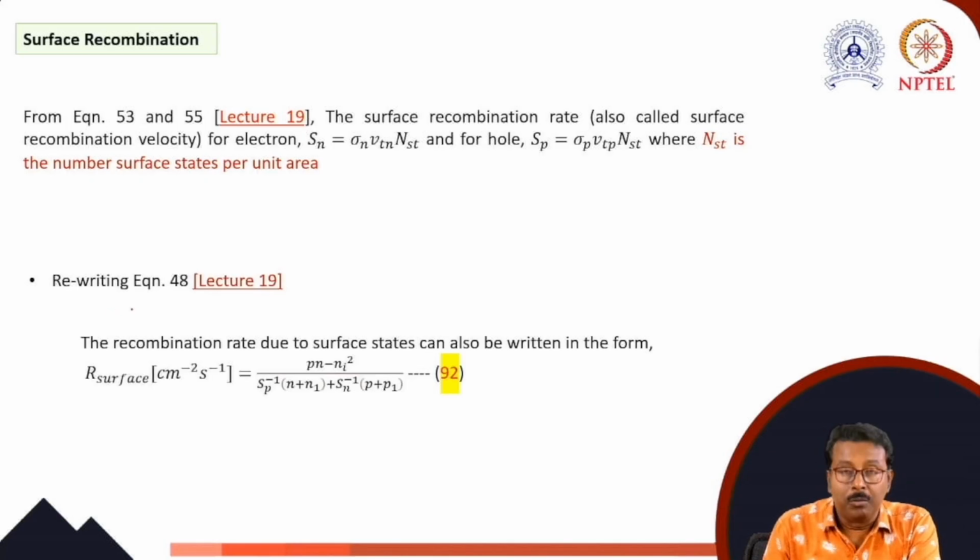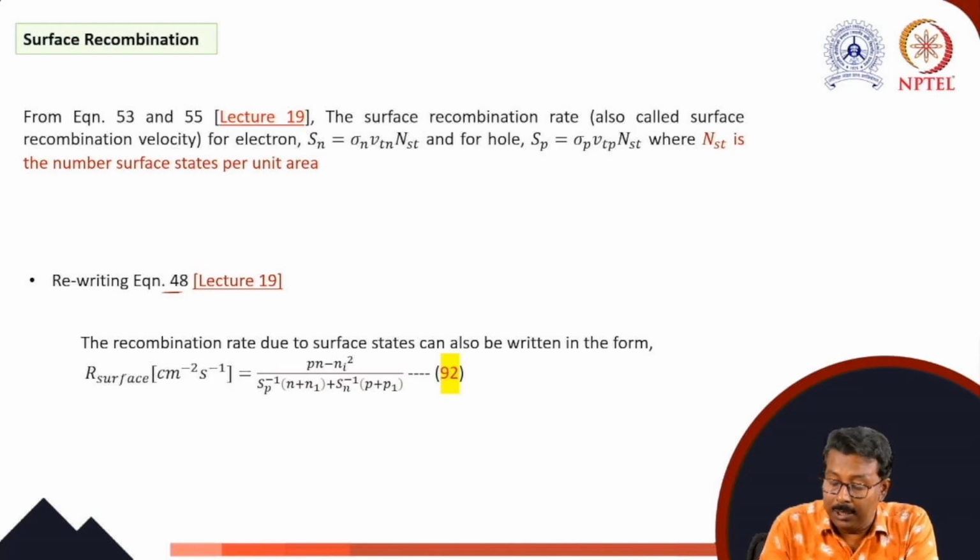Now, in the same form, if we like to write the equation, we can rewrite equation 48 again in lecture 19. The recombination rate due to surface states, R surface, and the rate is per centimeter square per second.